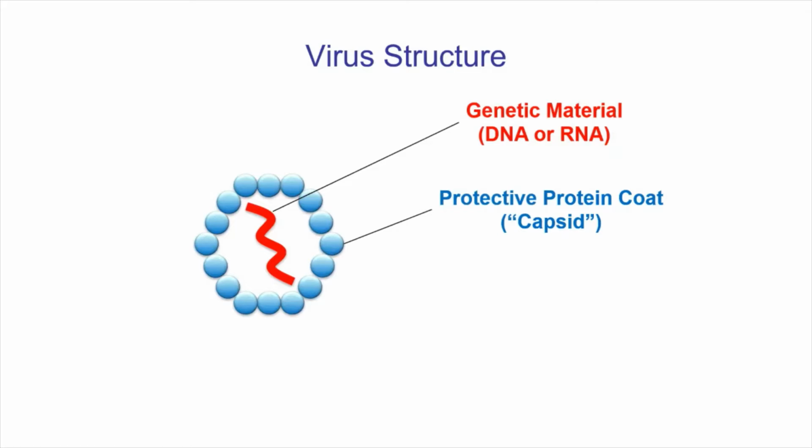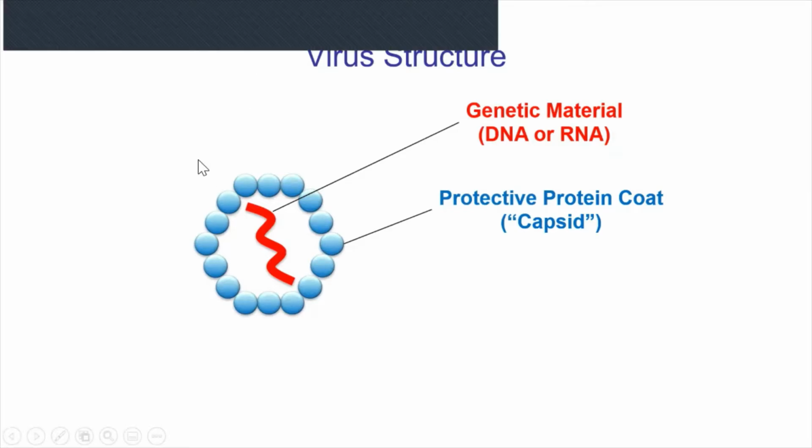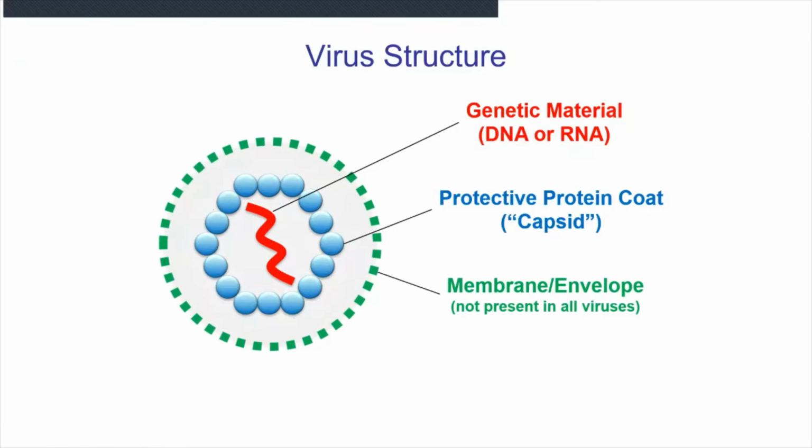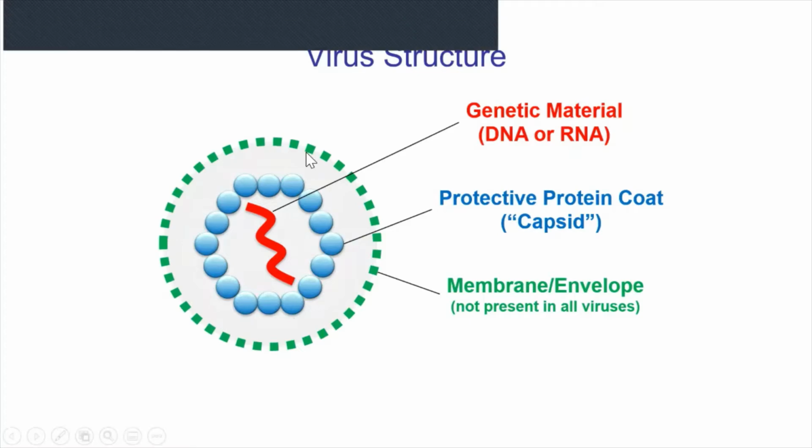Quite a few viruses actually do have additional features, and I'll mention a couple of them right now. One additional feature is something called an envelope. This is basically a membrane that the virus takes when it buds or escapes from the cell that it's been infecting. It's not found in all viruses, but pretty common in animal viruses.